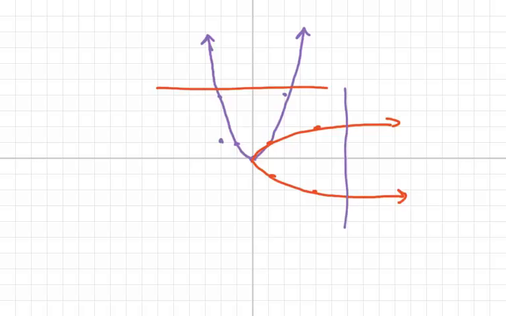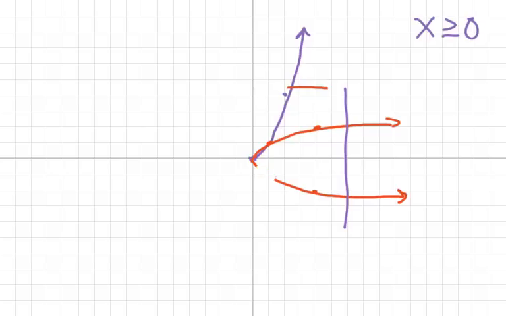So what we have to do is restrict the domain of the original function, and we're going to restrict it to x is greater than or equal to 0. So what happens is that means we aren't going to use this part of the function because this was not one-to-one.